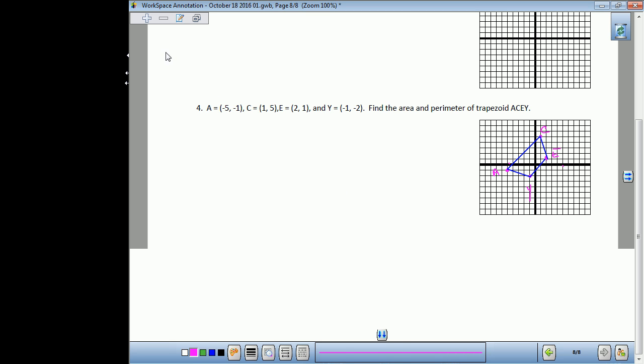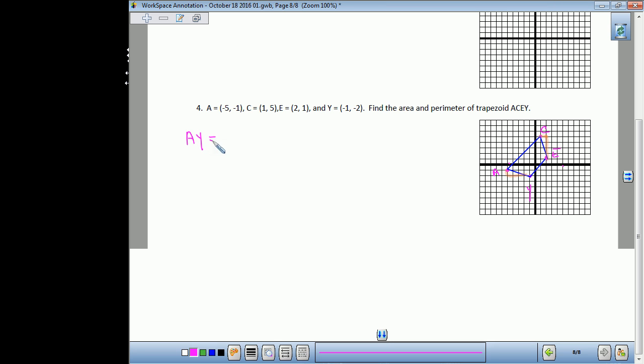But it's not just a trapezoid. It's actually an isosceles trapezoid. Because if we look right here, this is over 1, down 1, 2, 3, 4. And this is 1, 4. So AY and CE are equal.